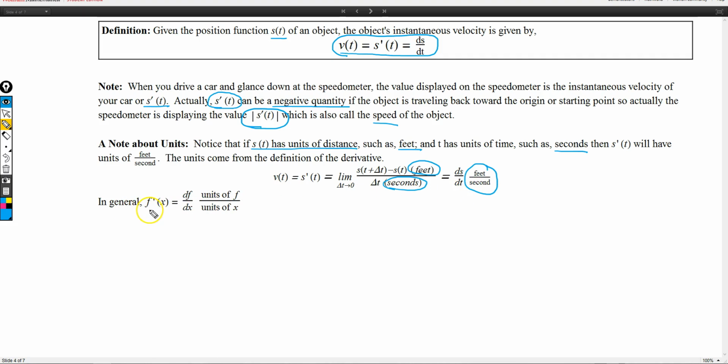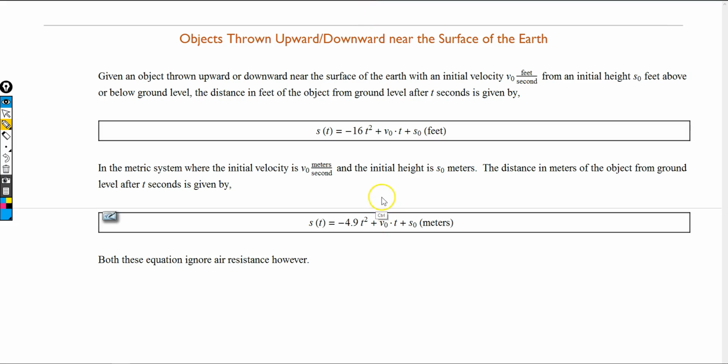Now in general, anytime you take the derivative of a function, the units associated with the derivative are always going to be the units of whatever f is representing divided by the units of whatever x is representing. Suppose now that you're standing on a platform that is s0 feet above or below ground level.